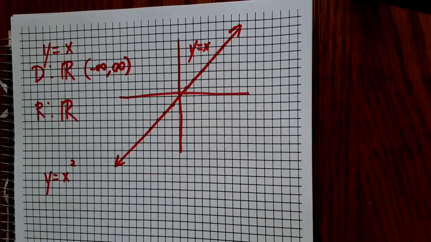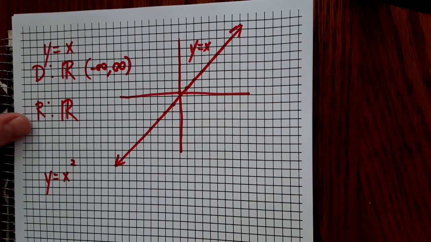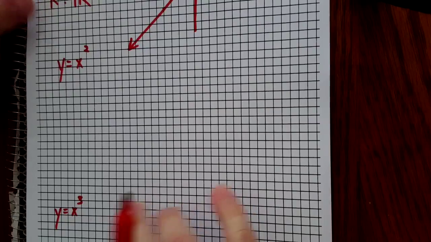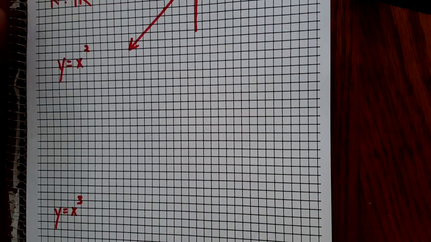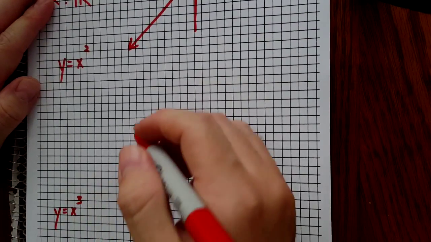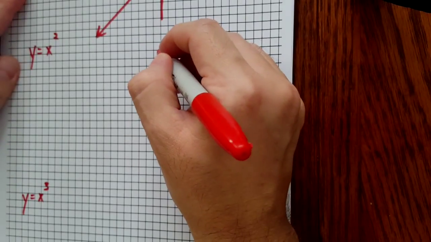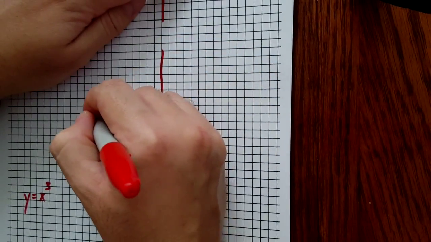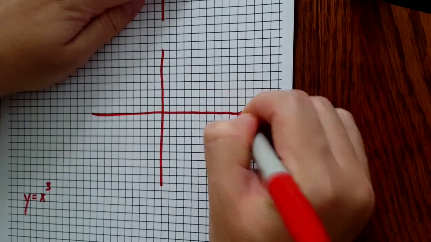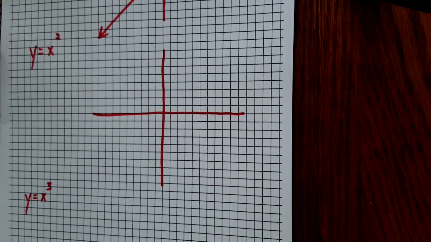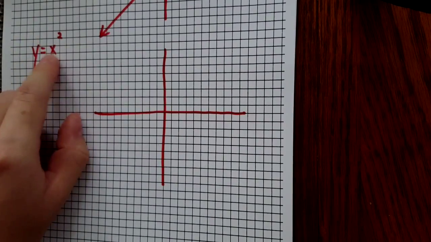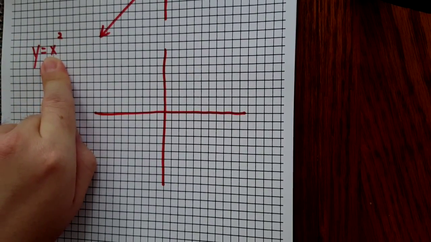So now, let's look at y equals x squared, and let's see what we come up with on that. For y equals x squared, I'm going to go about this the exact same way, where I just plot a graph. I'm just going to choose points, starting at 0. Why do I pick 0 to start with?